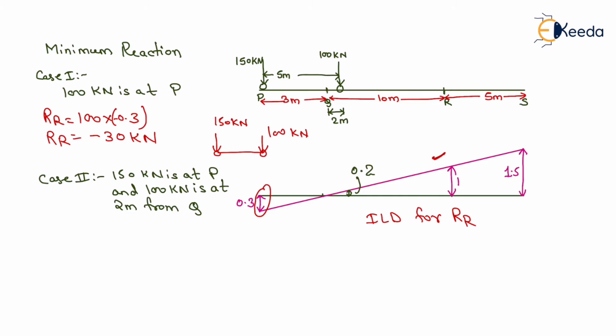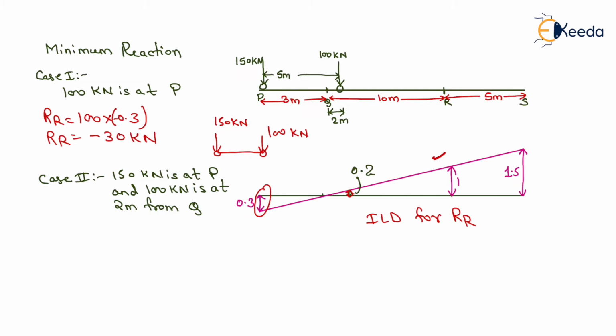Now the second case arises when the 150 kN load is placed at P and the 100 kN load is at a distance of 2 meter from the support Q. Now if we want to calculate the reaction at R, then we need to determine this ordinate, and from the similar triangles we determined this ordinate as 0.2.